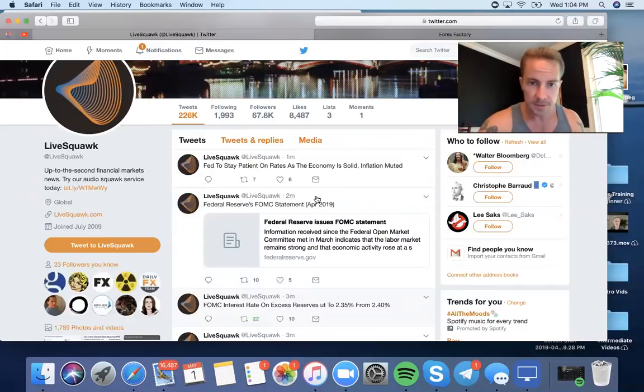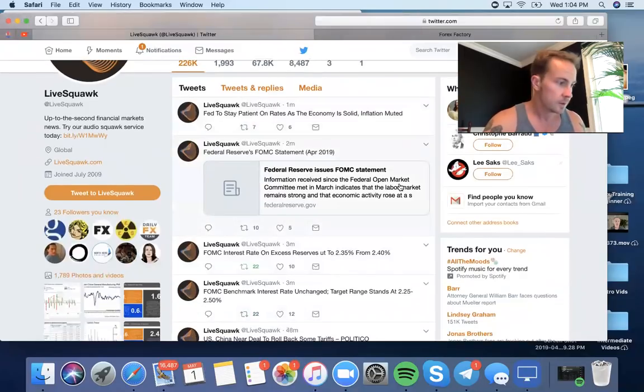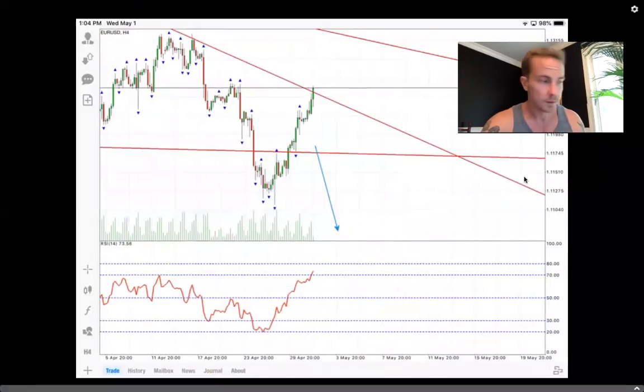The Fed to stay patient on rates as the economy is solid, inflation muted. That's not much being said, really, in my opinion, right there. So I'm thinking this looks good for a short.